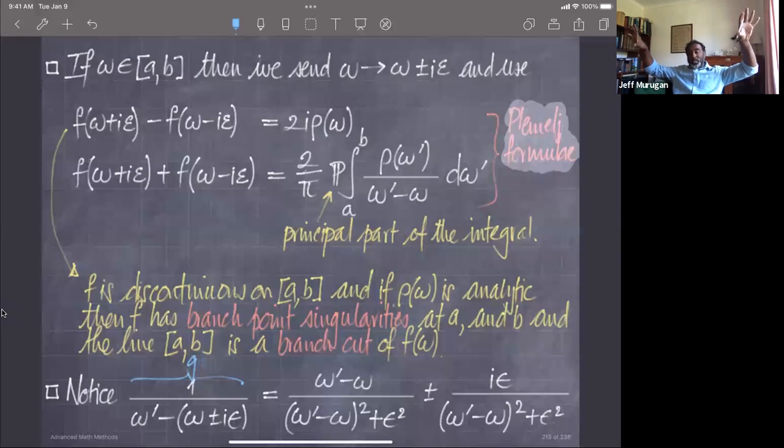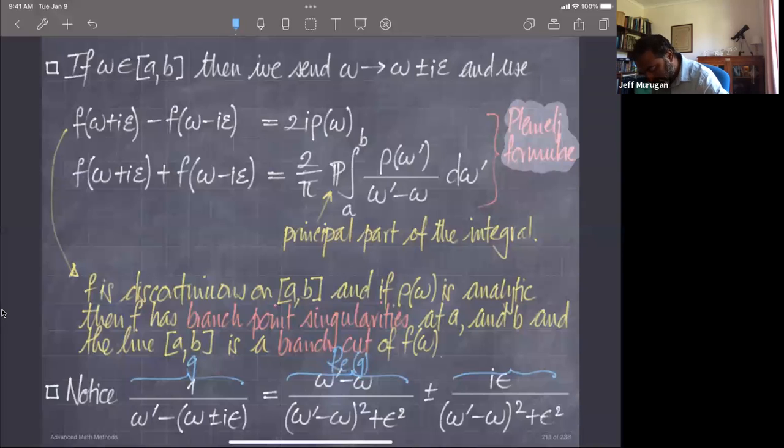One part doesn't involve any factors of i, and the other one certainly does. So this is the real part of G and this is the imaginary part of G.